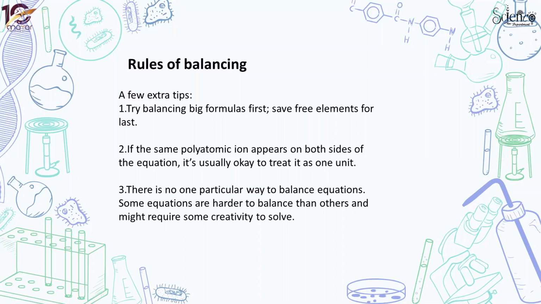Again, we're going to do this. There is no particular way to balance equations. Some equations are harder to balance than others. So there is no exact way to balance. It depends on you, okay? The way you prefer to work with, which atoms you're going to start with, okay? But the most important rule is that the coefficient must be in the simplest form.